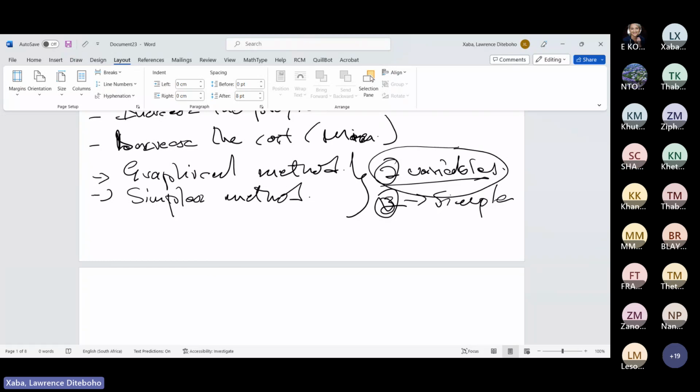The second method is the simplex method, or others call it the simplex algorithm, which we can apply when we have two or more variables. In this case, we're going to focus on the graphical method. The simplex one we are not going to discuss. Our discussion is mainly on the linear programming graphical method.